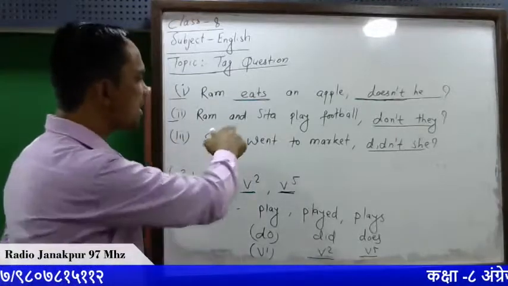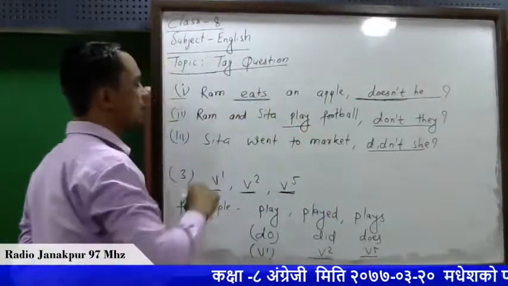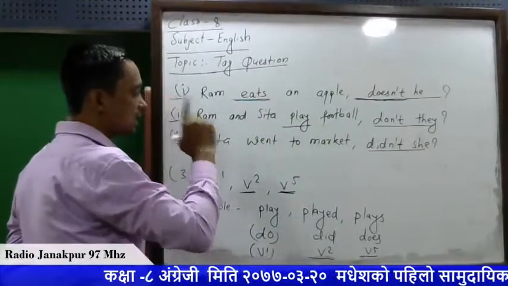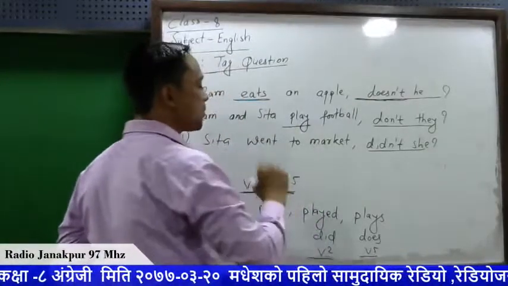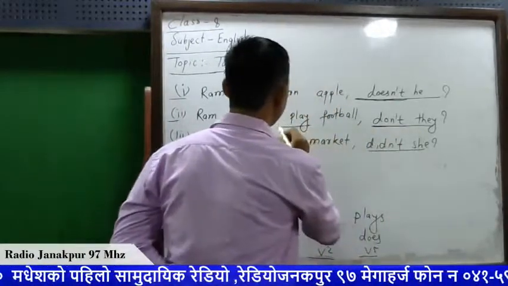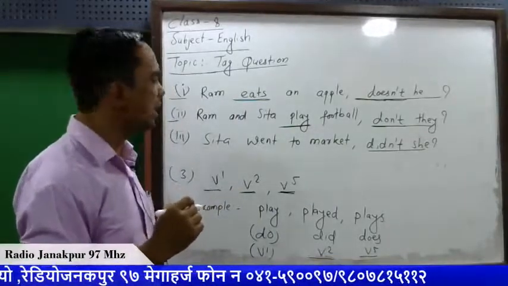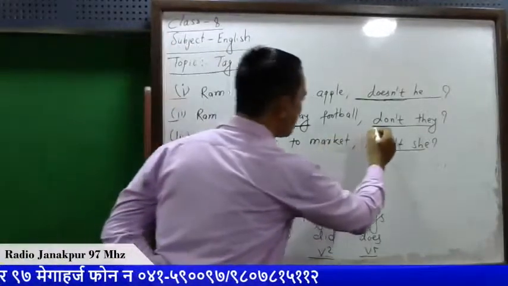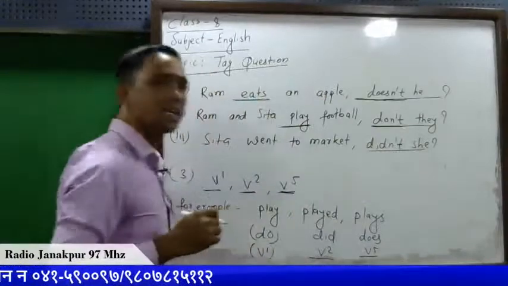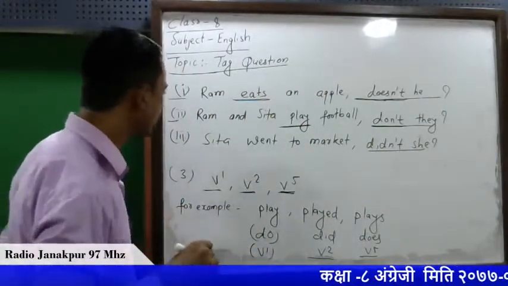So which verb is here? Here is also V1, and in the case of V1 we have used don't. Play is positive, V1 is positive, and don't is negative. Do verb we have taken to help V1 in the question tag.